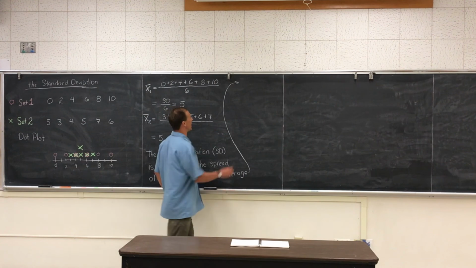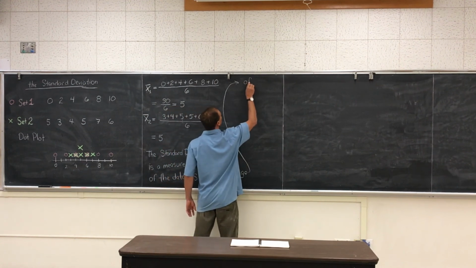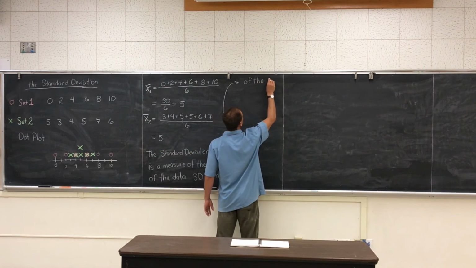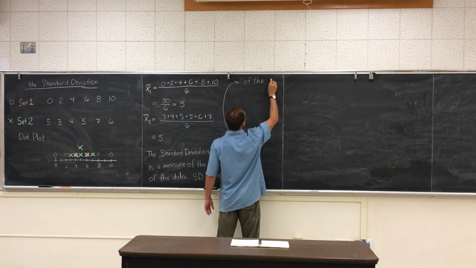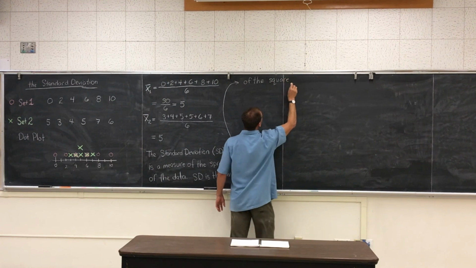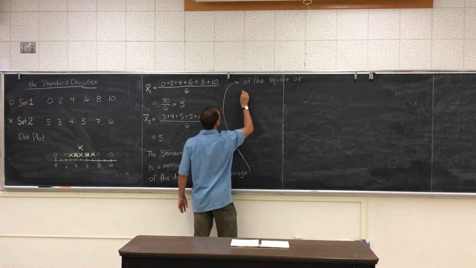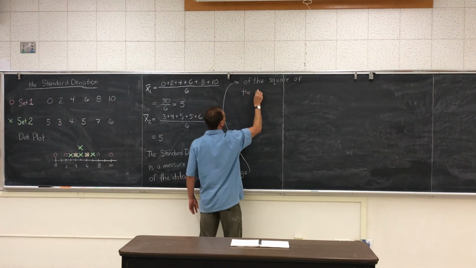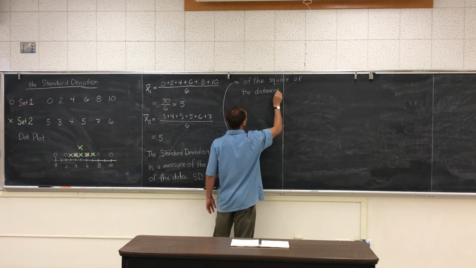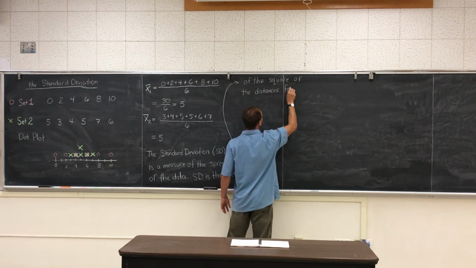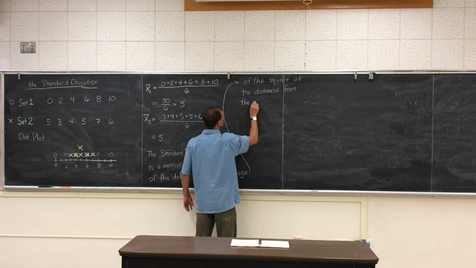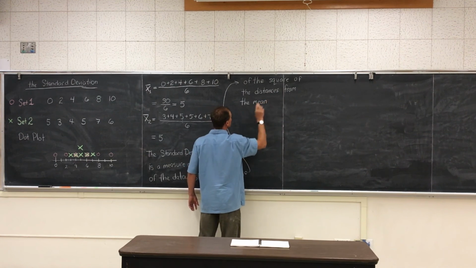Standard deviation is the average of the square of the distances from the mean.